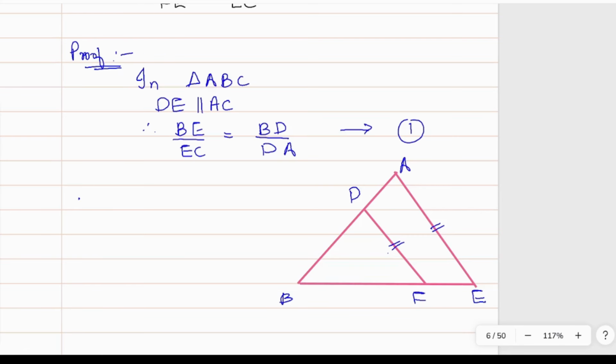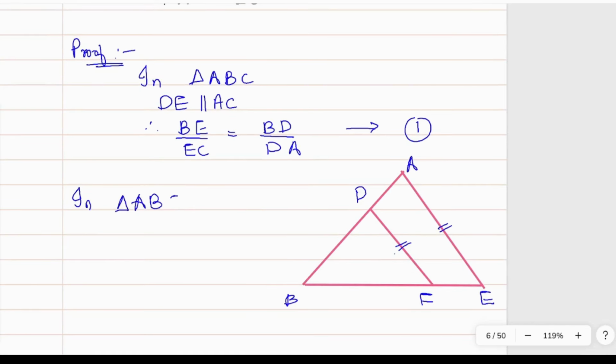If in triangle ABE, what is given? DF parallel to AE. So what can I write here? Therefore, here you have to write using BPT, okay? That is important.